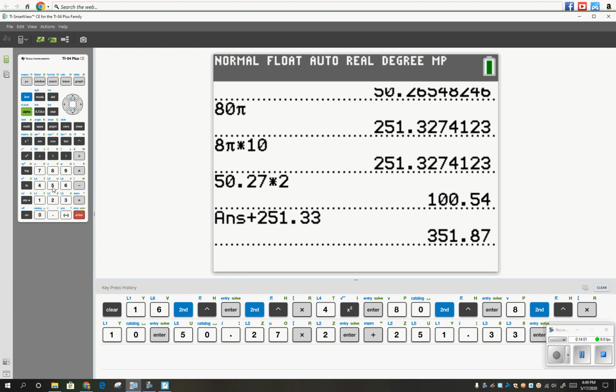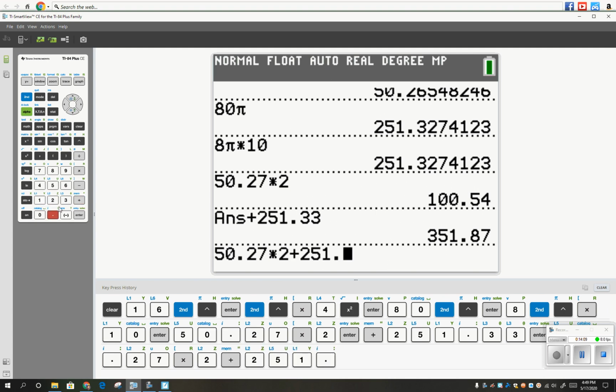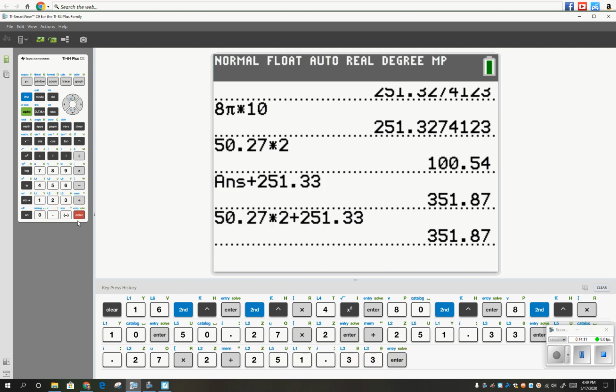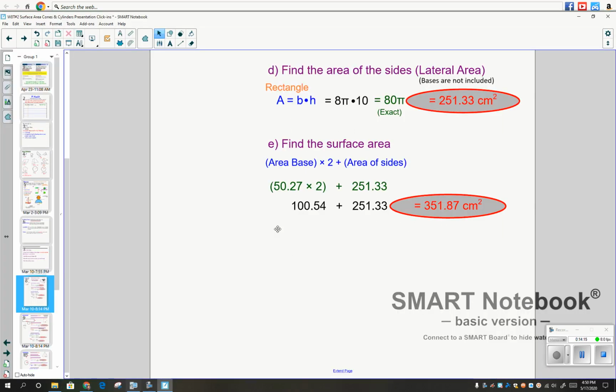The other option, I don't need to do it step by step. I can just do 50.27 times 2 plus 251.33, and I will get the same answer of 351.87. Another option here is to find the exact. Well, instead of using 50.27, I would use the 16 pi plus 80.